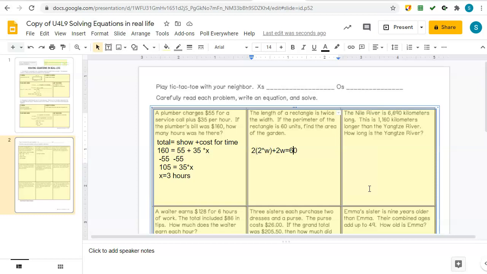So hey, that looks like 6 times w equals 60. The width equals 10. The length equals twice the width, which is 20. So the area, which equals length times width, equals 200 square units.